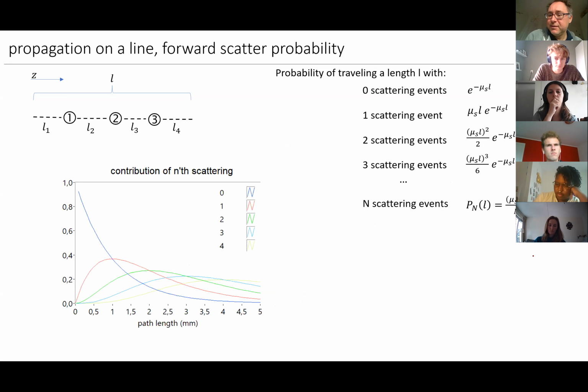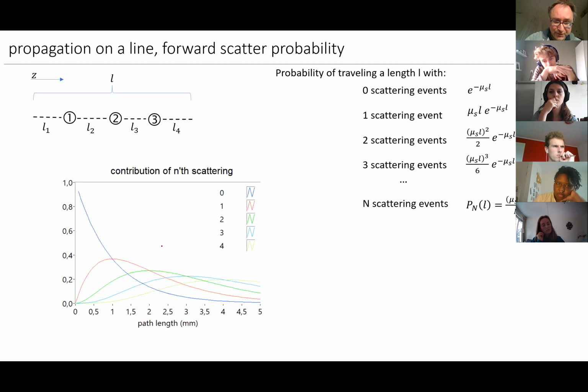So we can look at how these curves look. I've plotted a few of them there. If we look at all photons that travel a length L, and we don't really care how many scattering events they undergo, we can inspect that after about a length of 2 millimeters, most of the photons will have scattered.